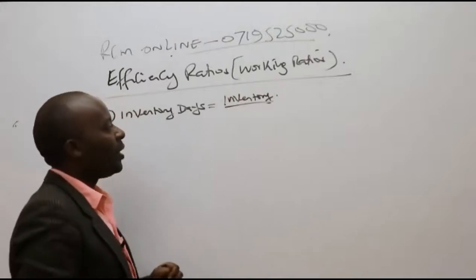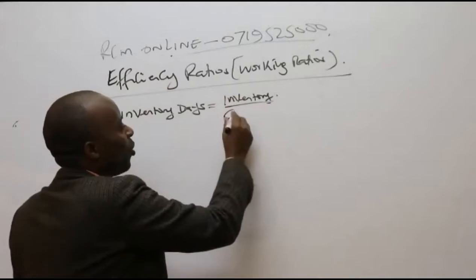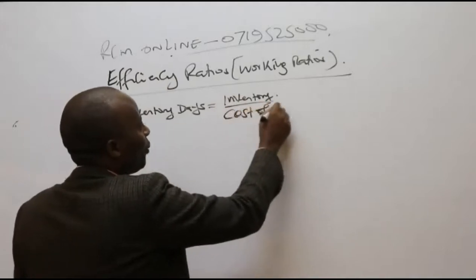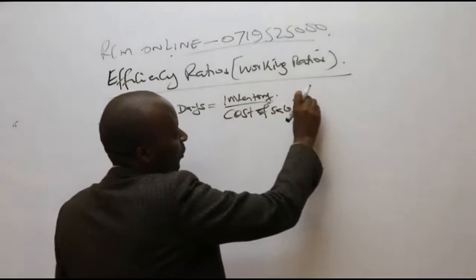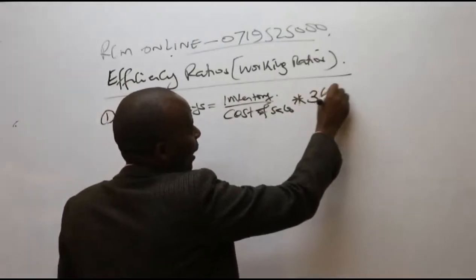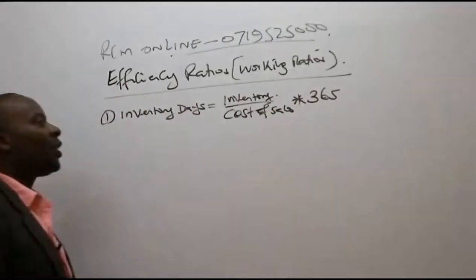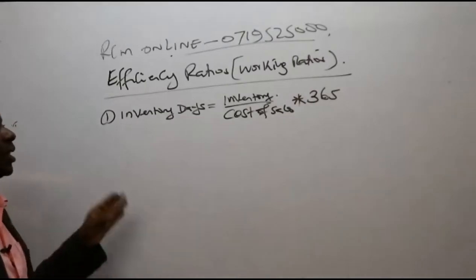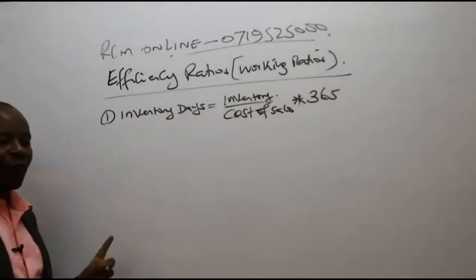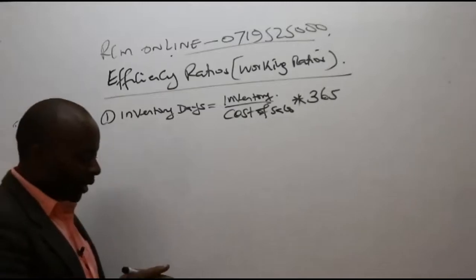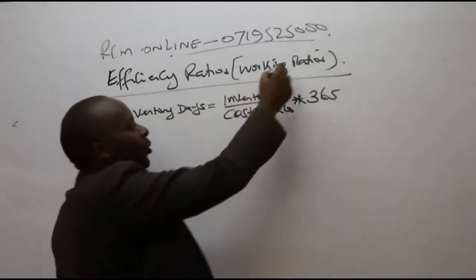So inventory is normally found under cost of sales, times 365. Don't multiply with 100. This is quite a very good efficiency ratio or working capital ratio.